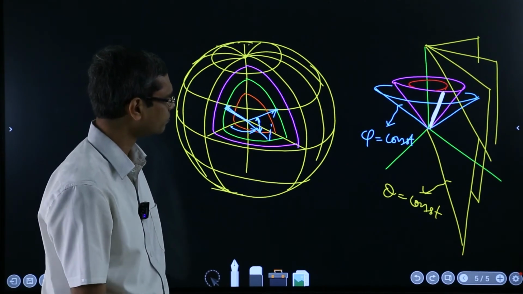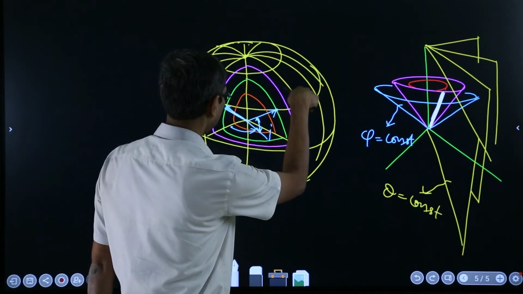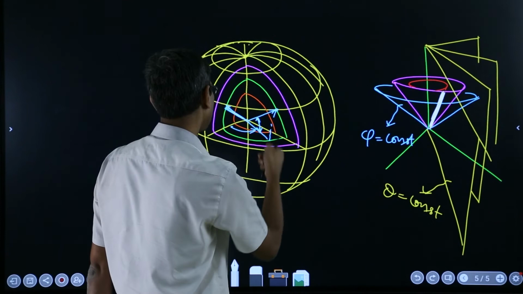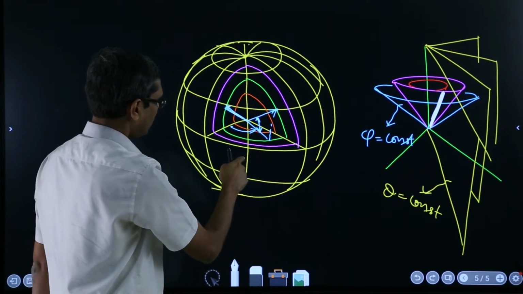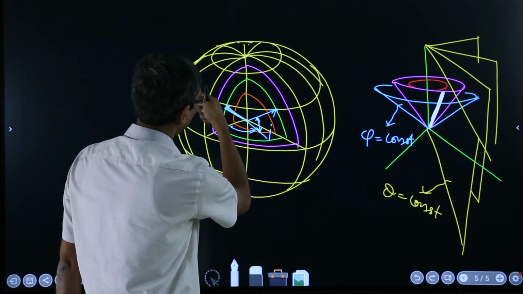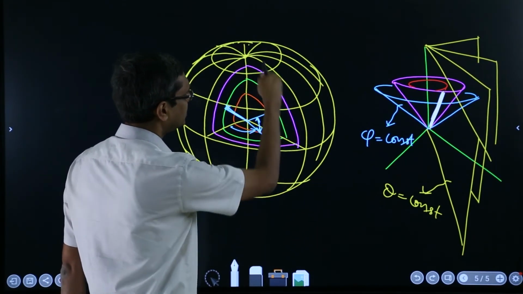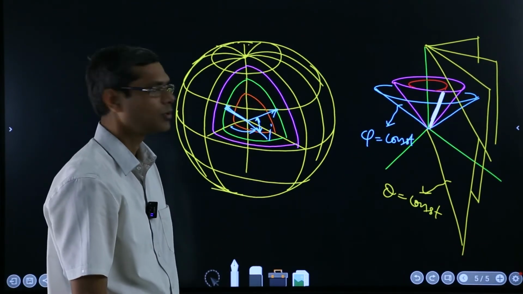Okay. And then if I go for, say, r constant and phi constant, then I'll get, phi constant, no? So yeah, phi constant means we will get a longitude in that case.